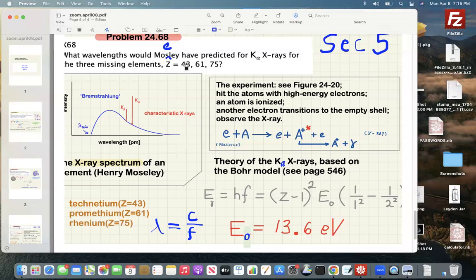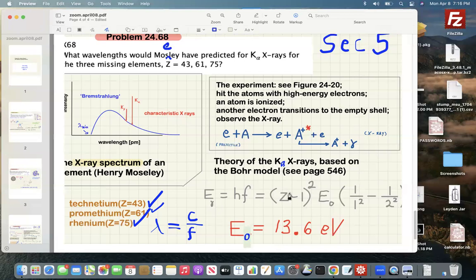Now, these 3 Z values were very special at the time of Moseley. At the time of Moseley, they had the periodic table, but there were some missing elements. They didn't have all the elements. And so Moseley would observe the frequency or the wavelength and determine the Z value.